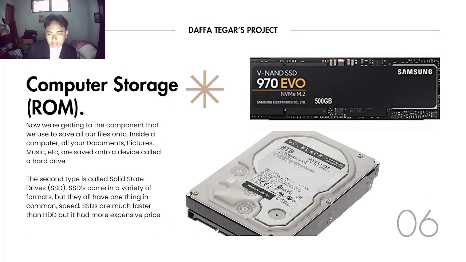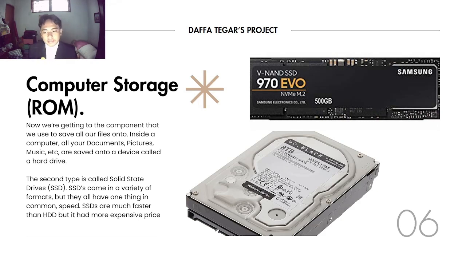Next, computer storage, or ROM. Now we're getting to the component that we use to save our files: photos, documents, videos, and so on. Storage has two types, the SSD and HDD.